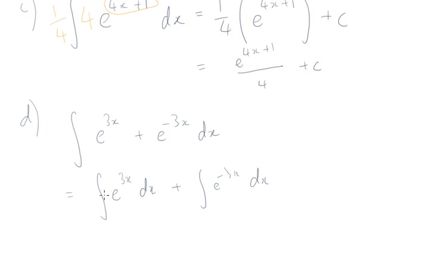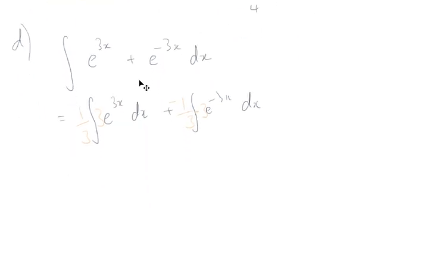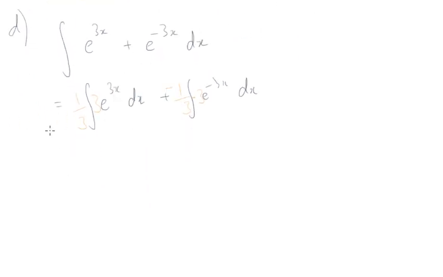F dash x here would be a 3, so we need a 1 on 3 over here. F dash x here would be a minus 3, so we're going to divide by minus 3, so 1 on 3, and I'll make that a minus there. So working the integral through, this is going to be 1 on 3 e to the 3x.